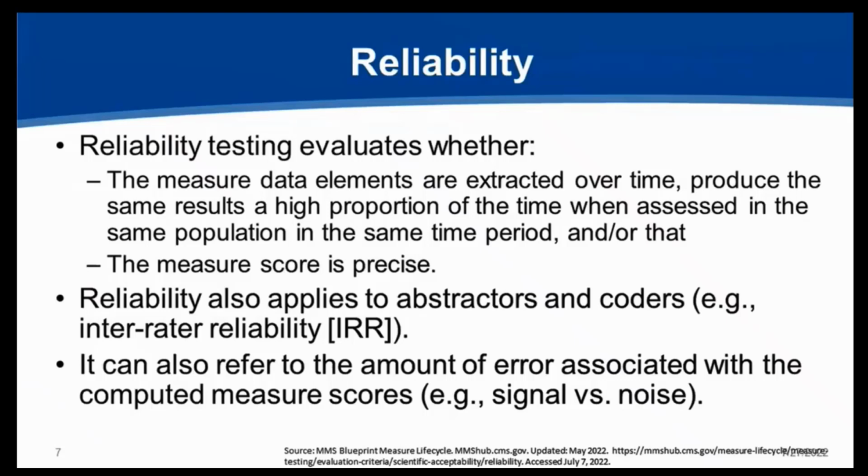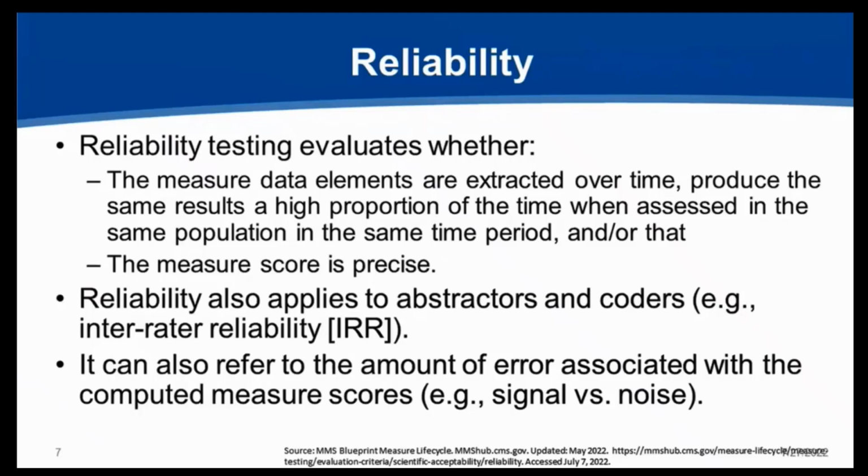And precision can be represented if you think of, for example, a confidence interval around a score. If that confidence interval is extremely wide, maybe too wide to be practical, then that measure score really isn't very precise. So reliability addresses that as well.